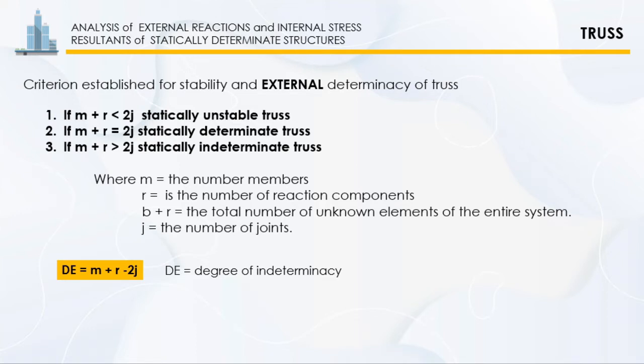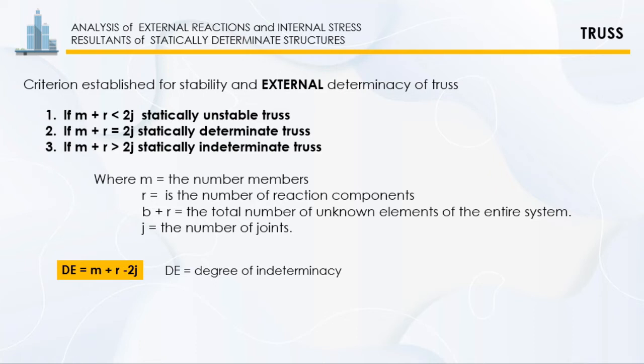Statically indeterminate trusses have more members and or external reactions than the minimum required for stability. The excess members and reactions are called redundants. And the number of excess members and reactions is referred to as the degree of static indeterminacy, DE, which can be expressed as DE is equal to M plus R minus 2J.